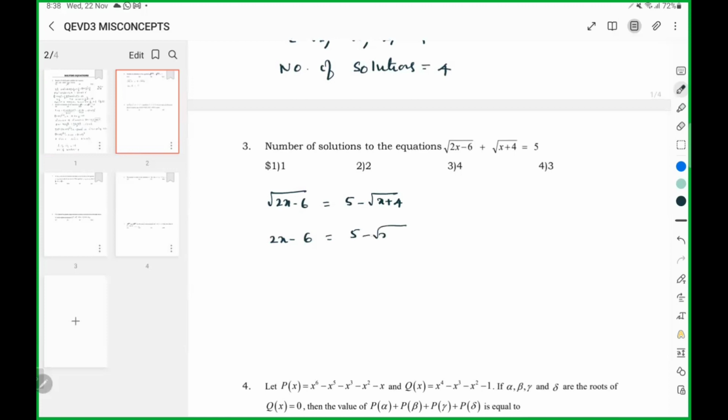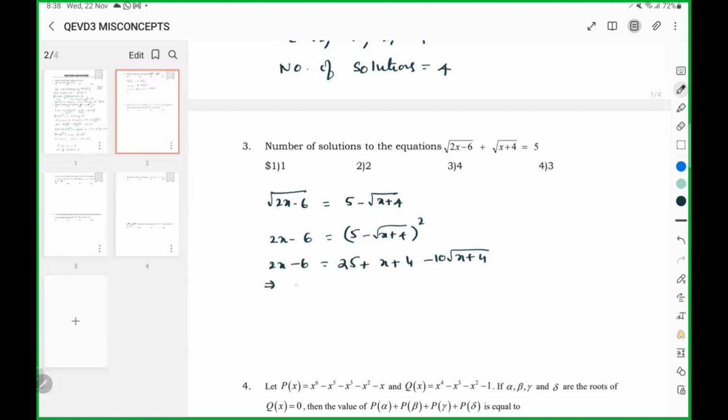We get 2x minus 6 is 25 plus x plus 4 minus 10 root x plus 4.